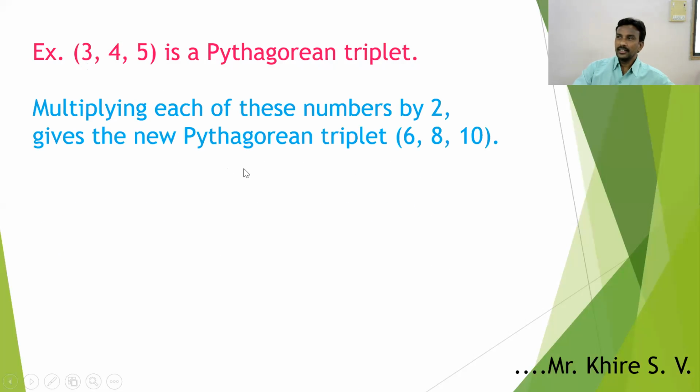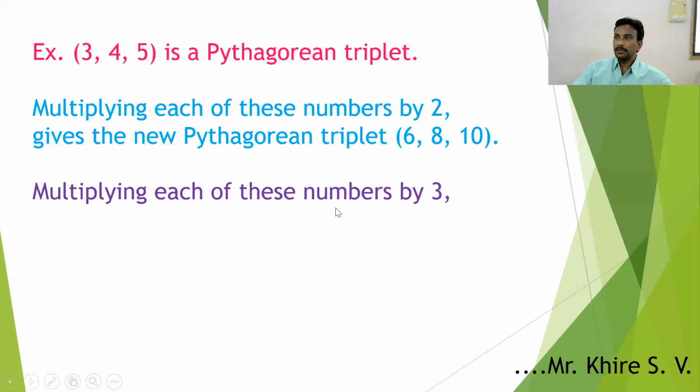Then we get a new Pythagorean triplet: 6, 8, 10, after multiplying 3, 4, 5 by 2. This is a new Pythagorean triplet.